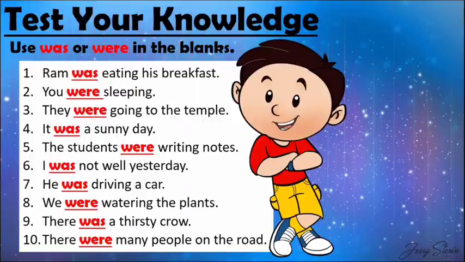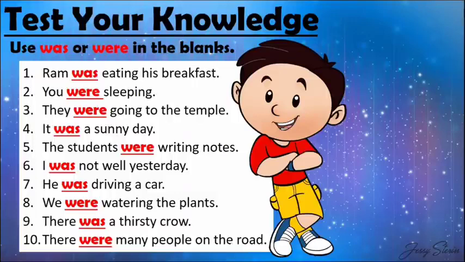So children, let's remember, whenever we are going to use was or were in the sentence, always remember we are talking about the past tense. It means something which has already happened. Okay, we are talking about the past tense. And was is used with a singular noun or pronoun, and were is used with a plural noun or pronoun.